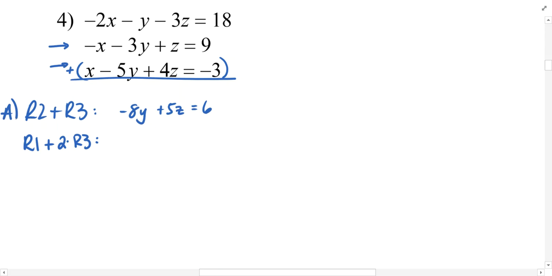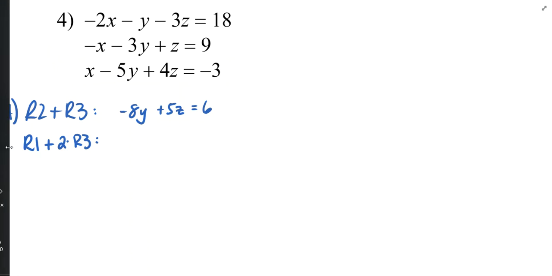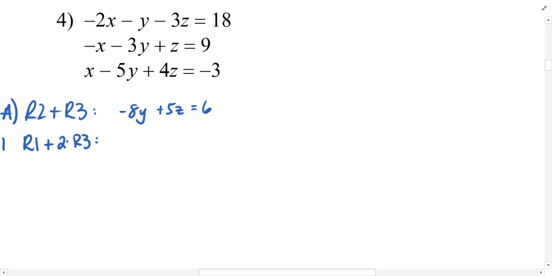So I'm going to call this my A equation because that's the result that I got from row 2 and row 3 being combined. I'm going to create a B equation, and this B equation will combine with A so that we can isolate one more variable in the next step.